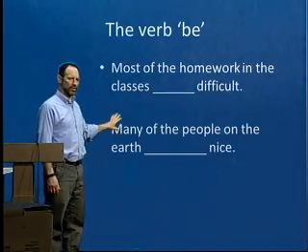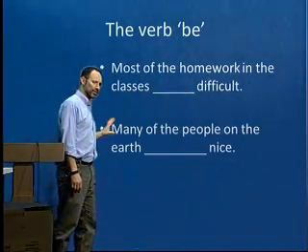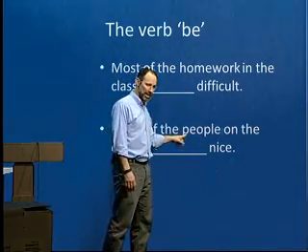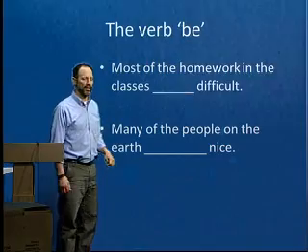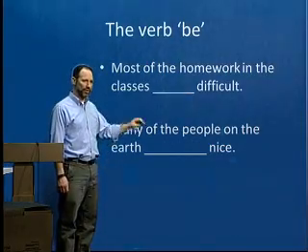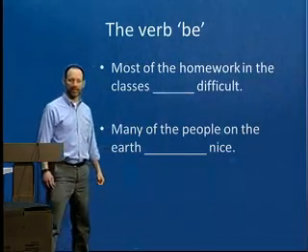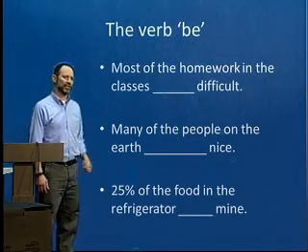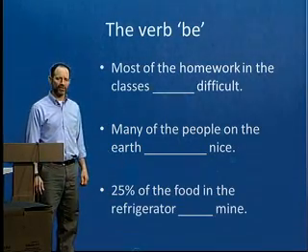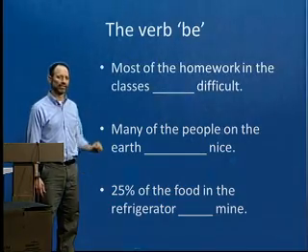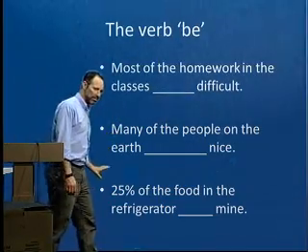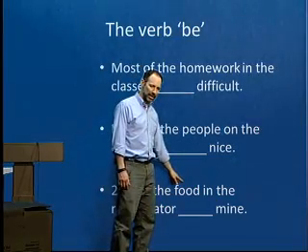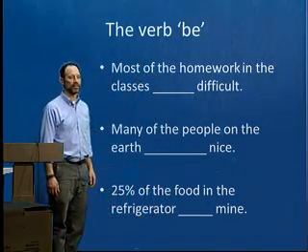Many of the people on the earth, for this expression of quantity, the main noun is people, and it's going to be people are nice. 25% of the food in the refrigerator. So here, 25% of the food. Food is what we're talking about, is mine.